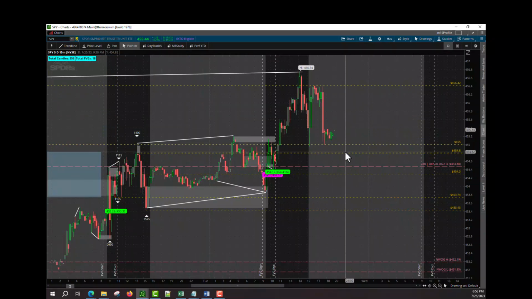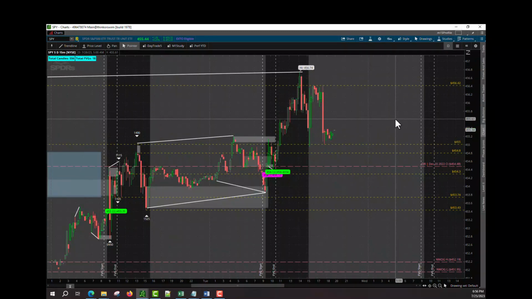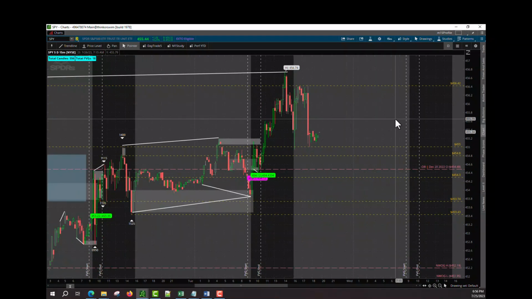What's going on? We did draw on the 1 hour time frame and it did not reflect. I think thinkorswim has some problem right now. You draw it on the 1 hour, but it does not show up on the 15 minutes. Strange. Never mind.